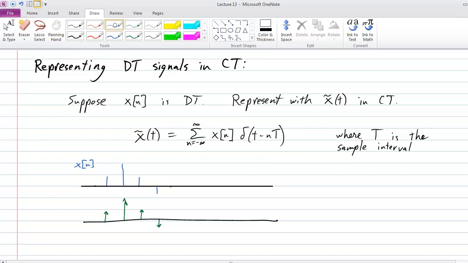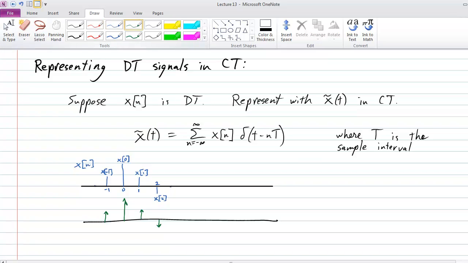And so this was, let's say, x[-1], x[0], x[1], x[2], and so that was at -1, 0, 1, 2.